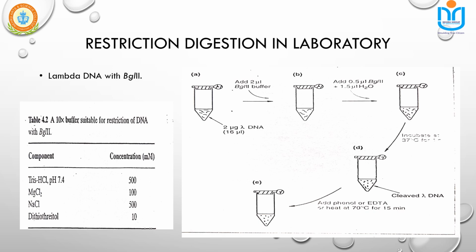If the DNA fragments produced by restriction are to be used in cloning, the enzyme must be destroyed so that it does not accidentally digest other DNA molecules that may be added at a later stage. For many, a short incubation at 70 degrees Celsius is sufficient. For others, phenol extraction or addition of EDTA, which binds magnesium ions, preventing restriction enzyme action, is used.